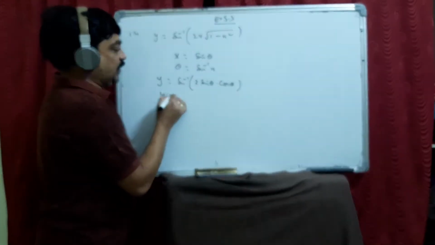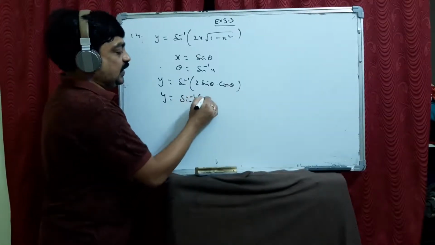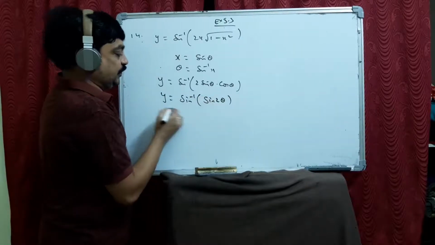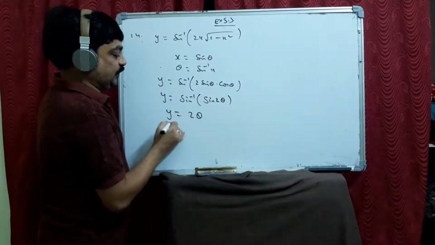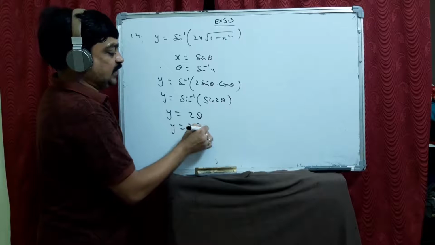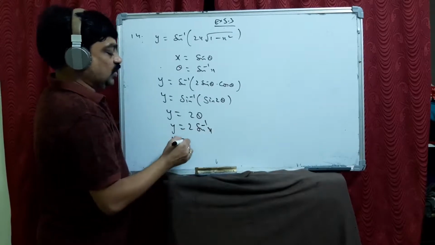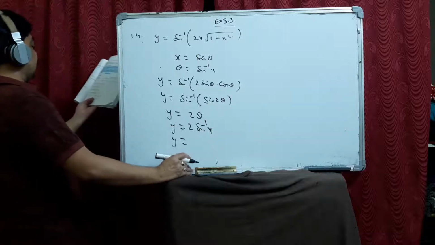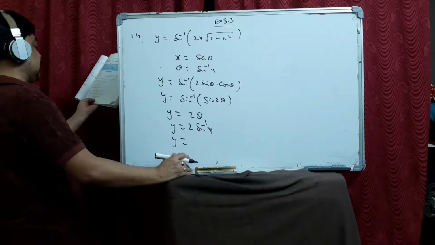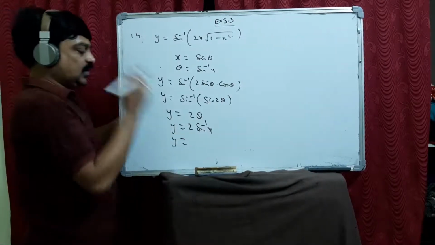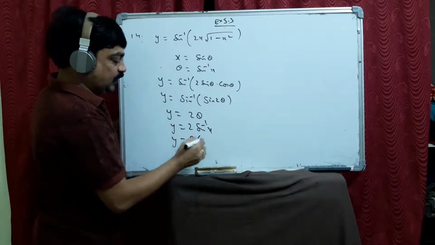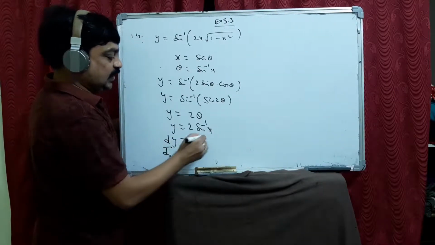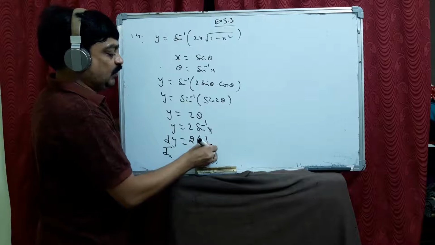Now it becomes sin inverse of sin 2 theta. So it becomes 2 theta. It becomes 2 sin inverse x. You can also take x as cos theta. Okay. And the intervals given there are the domains. Yes, those will hold. So it becomes 2 into derivative, dy by dx, 1 by root of 1 minus x square.